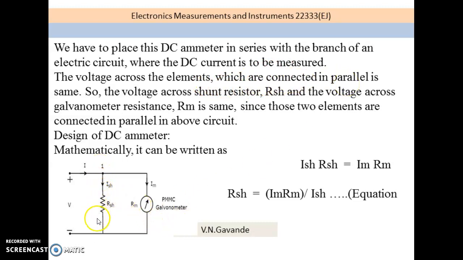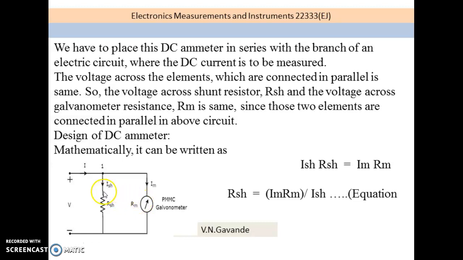That means the voltage across the shunt RSH and the voltage across the galvanometer resistance RM is the same, since these two elements are connected in parallel.